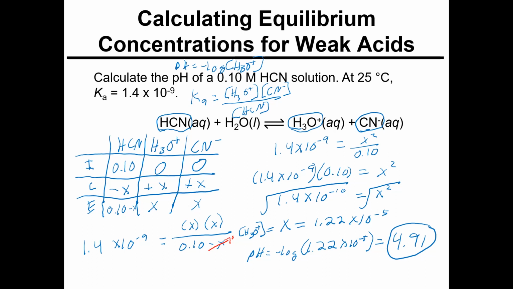If you took the negative log of 0.10, you would not get 4.91. You would get a much lower number. That's because HCN doesn't dissociate completely. So the concentration of H3O+ is not 0.10, but it's actually 1.22 times 10 to the negative fifth. So this gets you the pH of your solution.